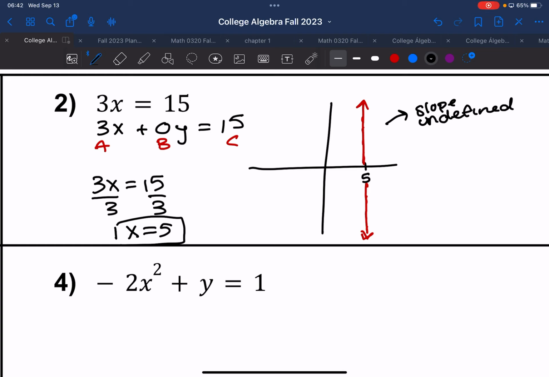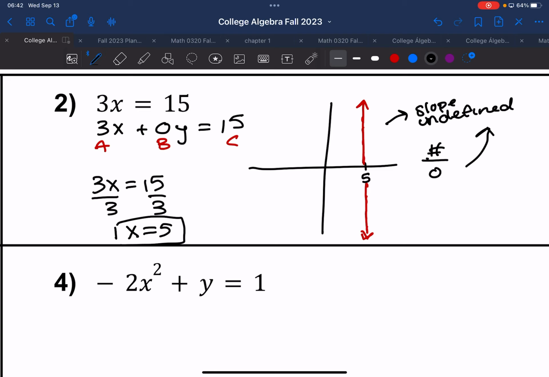Okay. The reason it's undefined is because if we were to try to find the slope here using that rise over run, we would end up with a fraction that has 0 on the bottom. And just remember that we cannot divide by 0, so that makes it undefined.